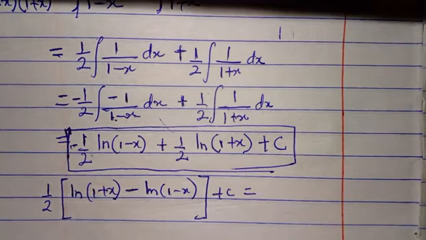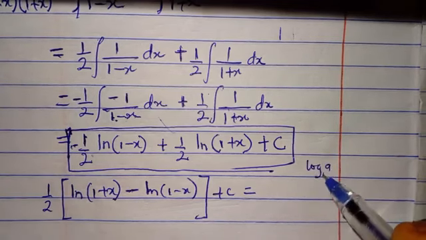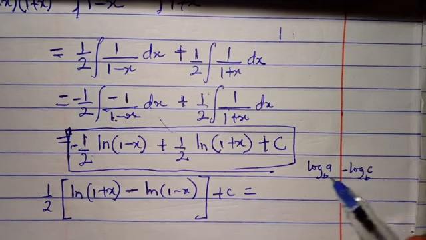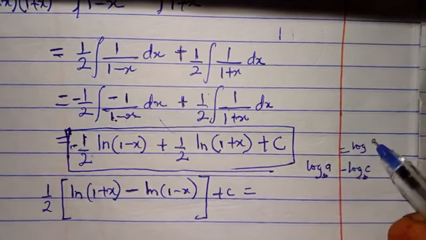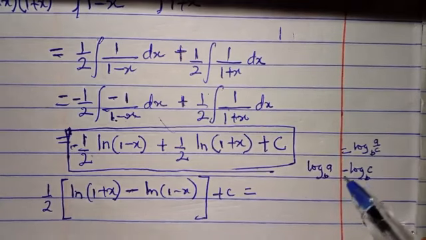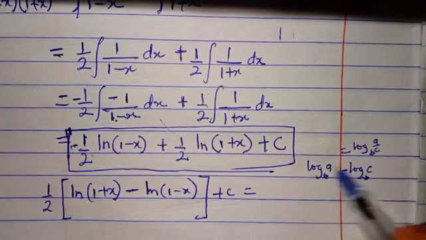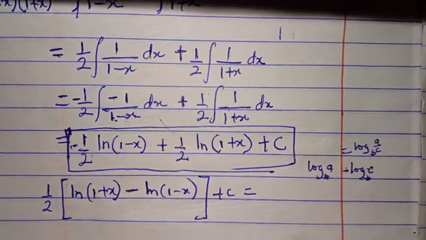What's this equal to? There's a minus in between them. The law of logarithm that will help us simplify this says that log a to base b minus log c to base b, where they have the same base, is simply equal to the logarithm of a all over c to base b. There's a minus and both have the same base, so you just say a divided by c. If it were a plus, then we would multiply a and c.